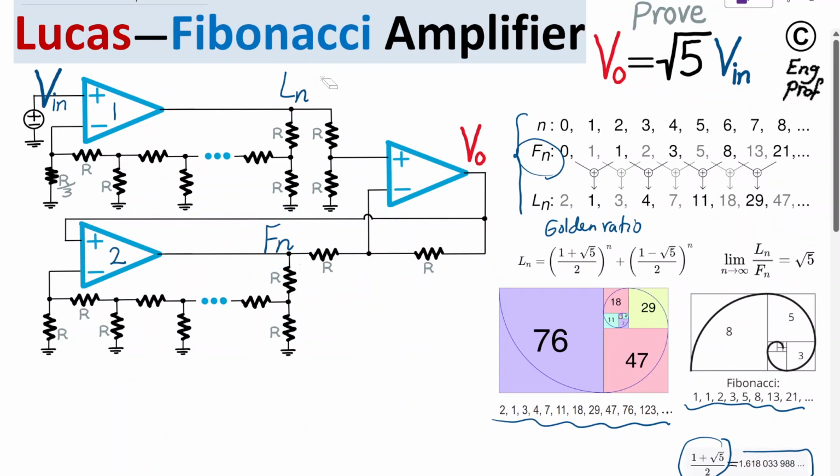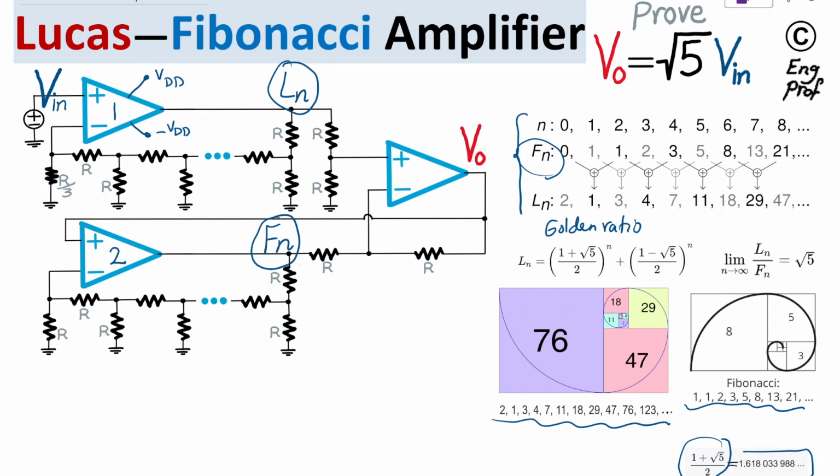With that said, let me focus on showing that we are dealing with Lucas number n here and Fibonacci number n here. For op-amp number 1 and for all op-amps, we assume that the supply voltages, including positive and negative supply, plus VDD and minus VDD, are properly connected. These op-amps are in proper negative feedback, as you can see, so they are in the linear region of operation with proper bias.